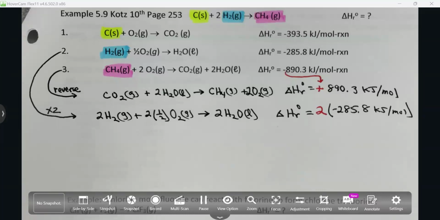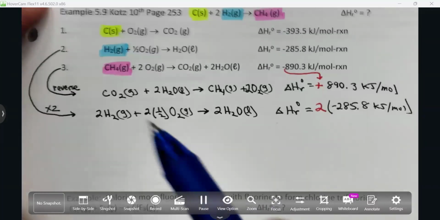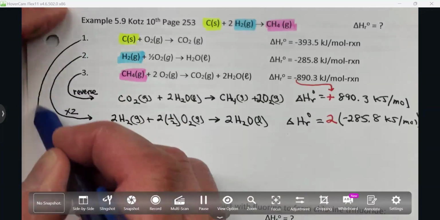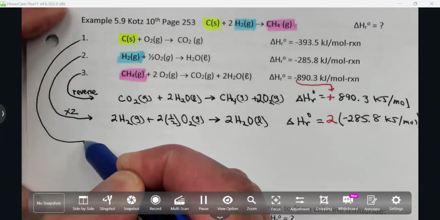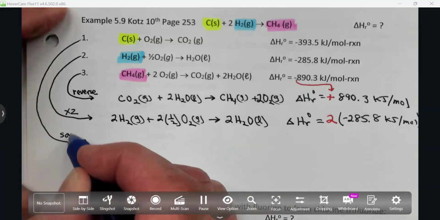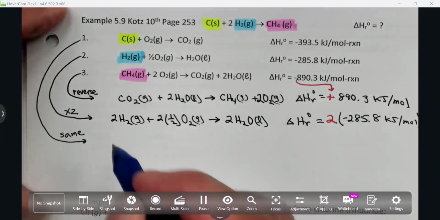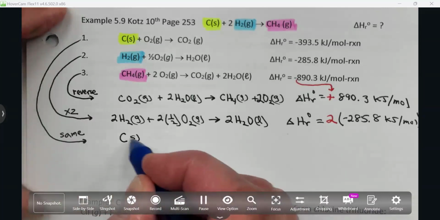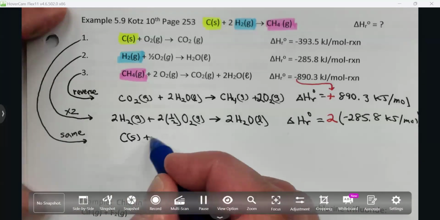What about number 1? We'll bring her down the same, leave it the same. Okay, I think number 1, I want to rewrite it down here, and it should just be the same, huh? So we have carbon solid.